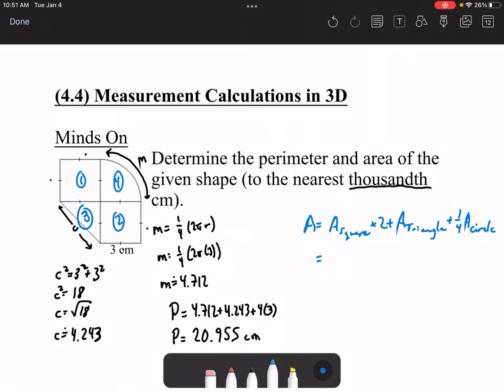Okay, so to find this total area: 3 times 3 times that 2. The area of a triangle is given by base times height, which is 3 times 3 divided by 2. And the area of a circle is given by pi times 3 squared.